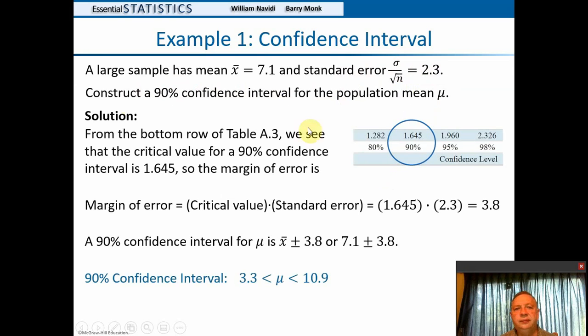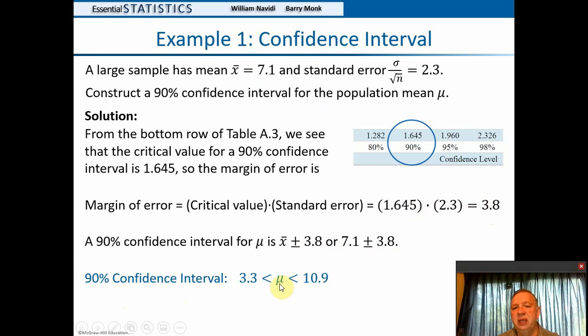So we go to that table, look for 90%. Our critical value is going to be 1.645. I multiply the critical value times the standard error to give me the margin of error. That'll give me 3.8. And then I use my sample mean plus or minus that margin of error to give us a 90% confidence interval of 3.3 less than the population mean, less than 10.9.